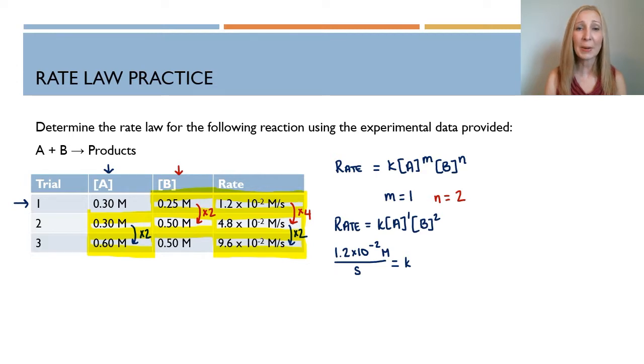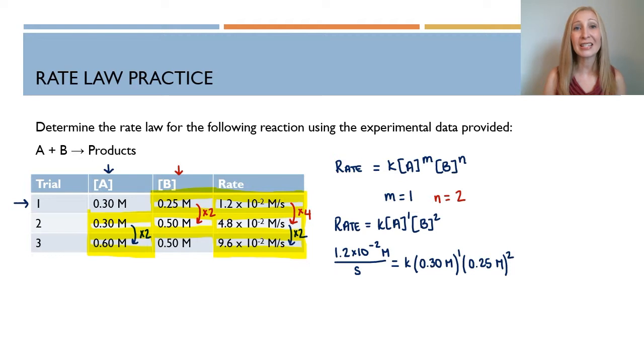And that's raised to the power of 1 because A reacts in a first order way. So independent of B, A is going to be first order. And then I put in my B, which is 0.25 molarity, and that is going to be second order. So B reacts in a second order way. By the way, the overall reaction order here is 3, in case you're wondering. It's the sum of the exponents.